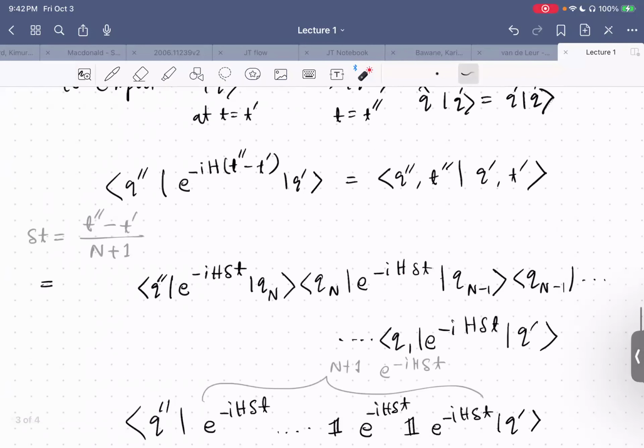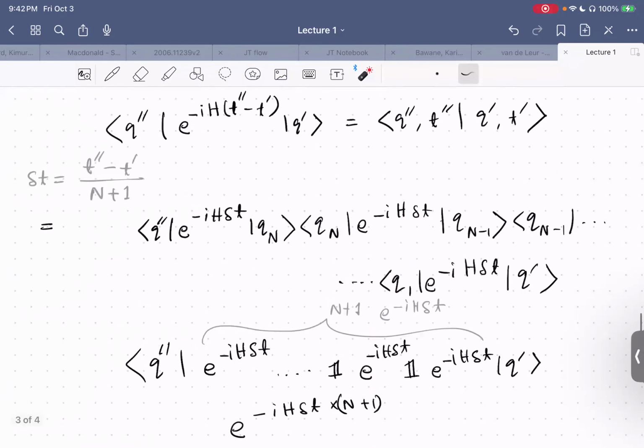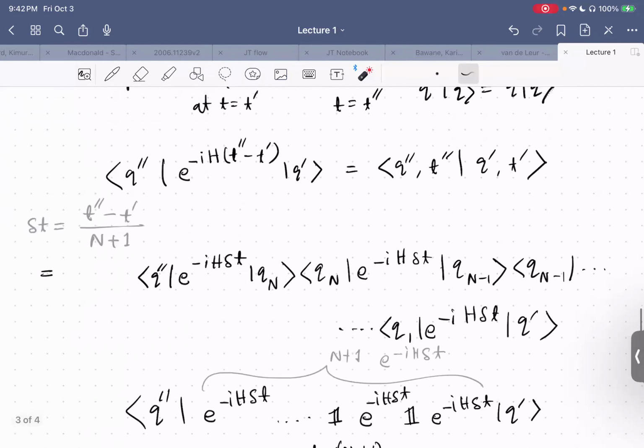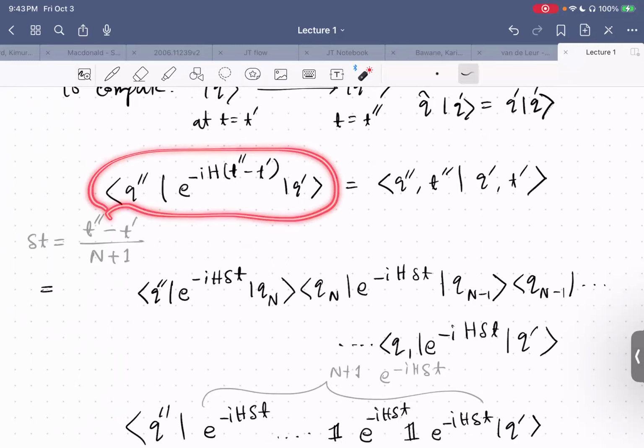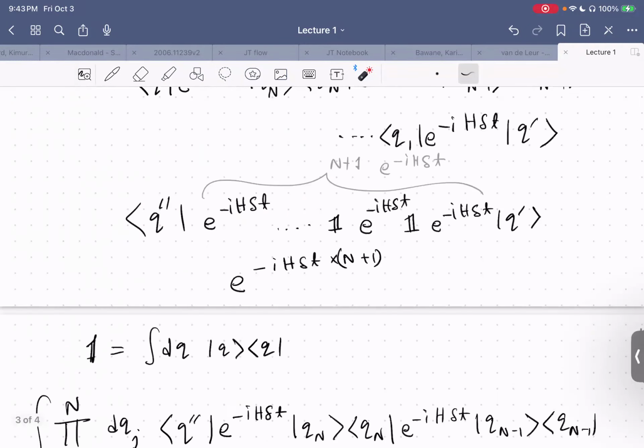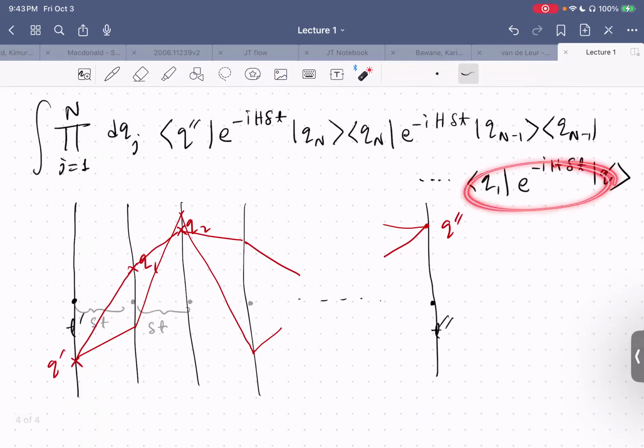Now, so I wrote it as an equality, and that's fine. So basically, what we're saying is that we can always compute this transition amplitude by computing these smaller amplitudes and then doing some large integrations.